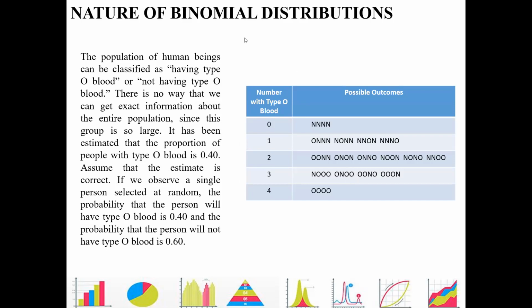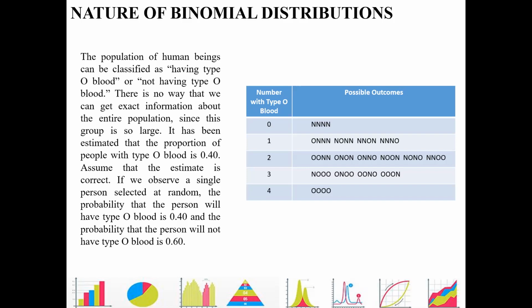Now, let's try this example. The population of human beings can be classified as having type O blood or not having type O blood. There's no way that we can get exact information about an entire population since this group is so large. So ginawa is to get a sample from that population.